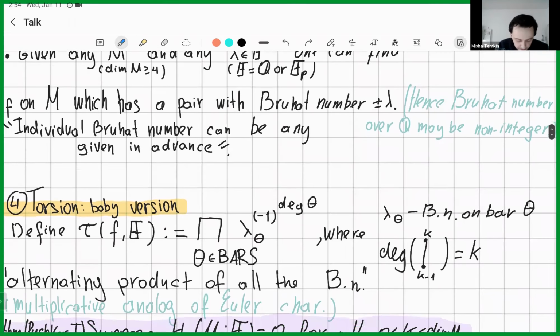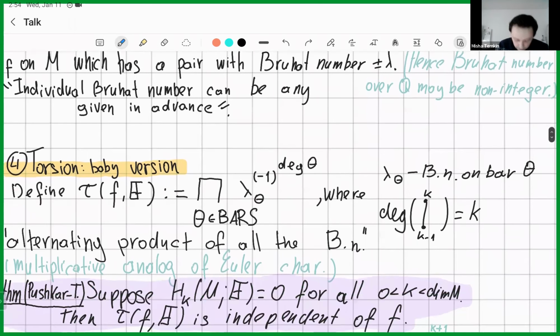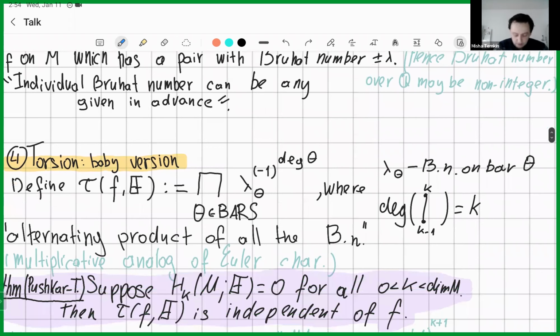The theorem now states the following. Suppose that there is no Kth homology over F of M for all K from 0 to the dimension of M, with endpoints excluded. Then this number tau is independent of the function, right?